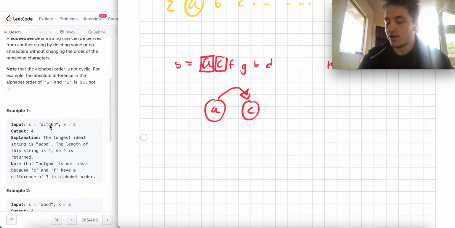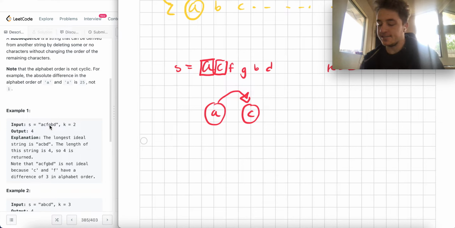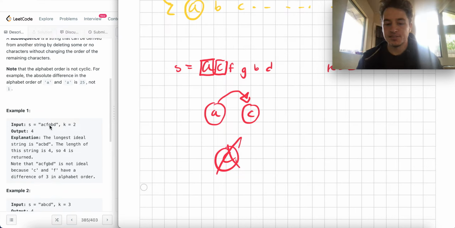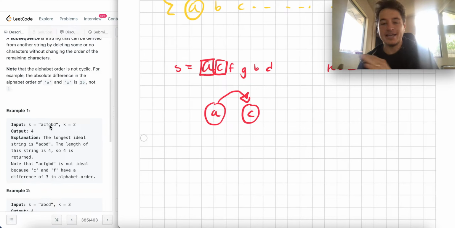Meaning, I don't need to consider a case where I attach A to C and a case where I have C alone. If you can attach A to C, it's definitely going to be better for a longer subsequence than just having C alone. So I can intuitively say, if I can attach C to anything, I might as well attach it to the longest subsequence coming before C.